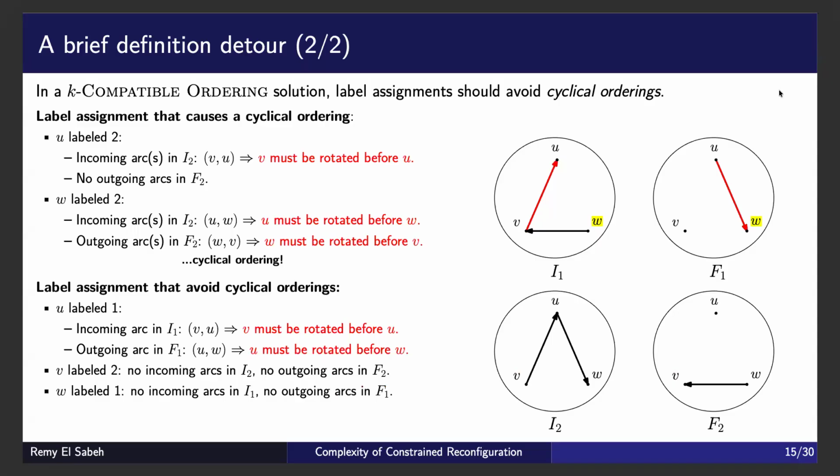So V is labeled 2. That's here. There's nothing incoming in I2, nothing outgoing in F2. We're happy. As for W labeled 1, there's nothing incoming in I1. There's nothing outgoing in F1. So clearly, if that's the only thing you have to satisfy in a solution, you can easily do that. So no cyclical ordering, meaning that those are labels that allow us to order things in some way to get things to work.